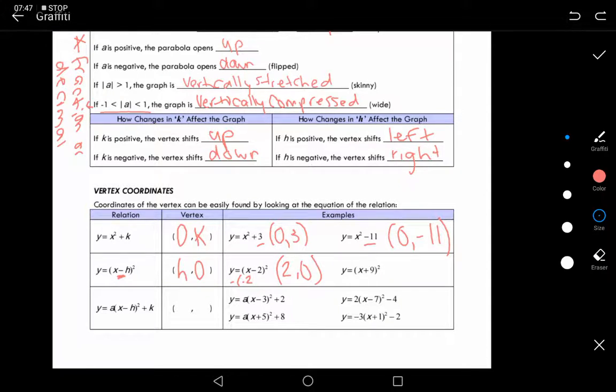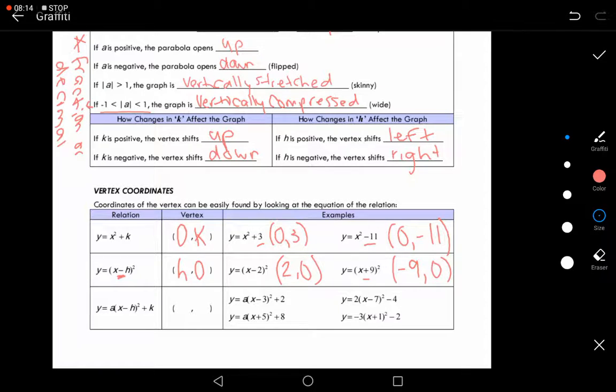But again, if you just want to accept, okay, I just have to remember that it's the opposite sign, that works too, okay? Hopefully that explanation helped a little bit. So for this one, again, this appears as positive 9, right? But again, it's because we have that double negative. So we actually plugged in negative 9. So my vertex would be at negative 9, 0.